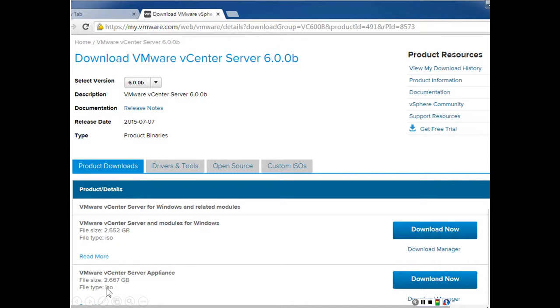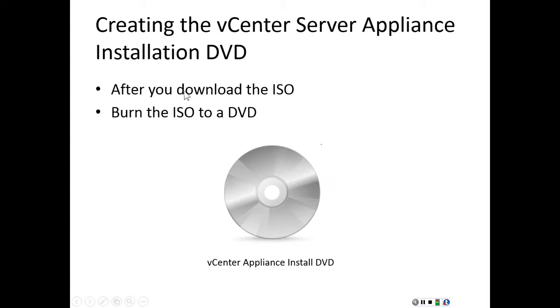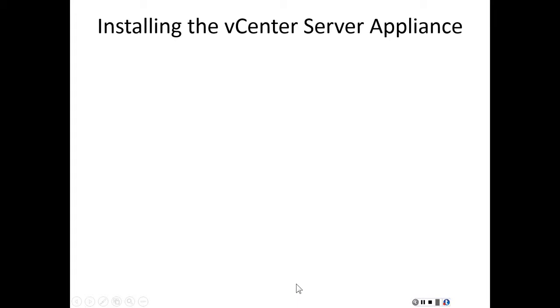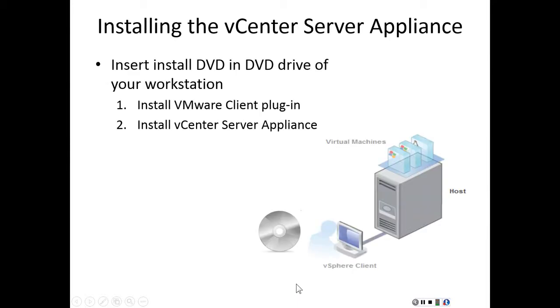So we select that ISO and we download it. And then after we download the ISO, we can burn the ISO to a DVD, and that DVD is the vCenter Appliance Install DVD.